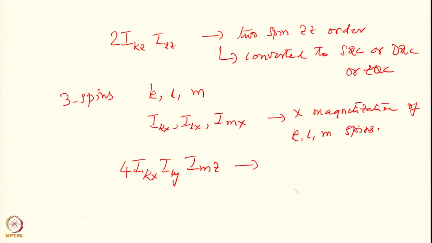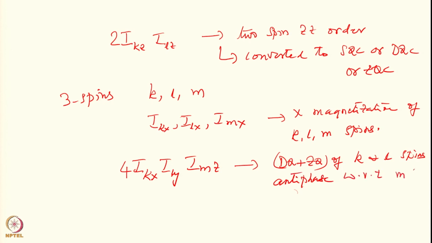This will imply DQ plus ZQ of K and L spins antiphase with respect to M spin. Note whichever one is Z, it is antiphase with respect to M spin. So this will lead to a particular kind of pattern in your final spectrum when you generate it.